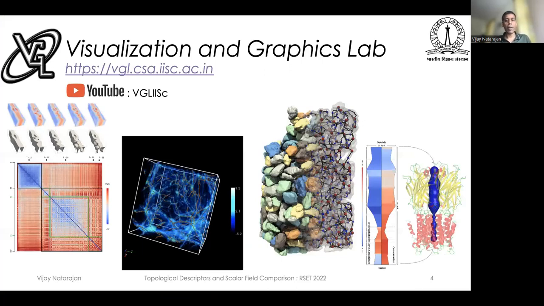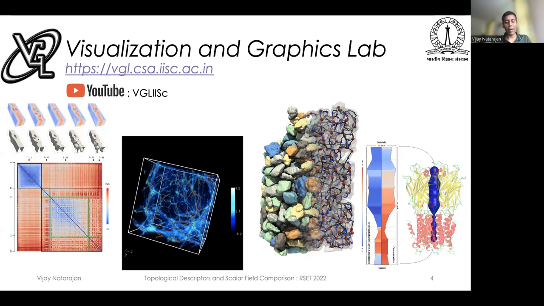Within the department, we have a group that focuses on problems in visualization and graphics, the VGL or Visualization and Graphics Lab. One of the primary focuses of this lab is the study of topological structures and exploring their application to the study of data that comes from different science and engineering disciplines.